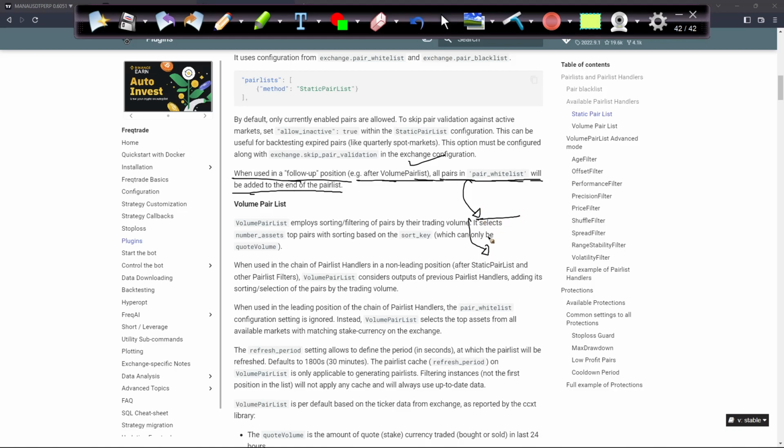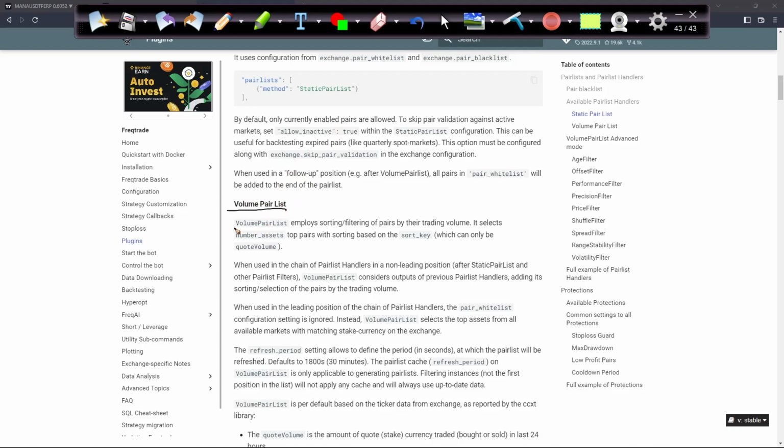We have a certain filter here, a certain filter here, a certain filter here, and then we go down this hierarchy, and then it will output a certain pair list which we are interested to trade. And that's what we want to do.